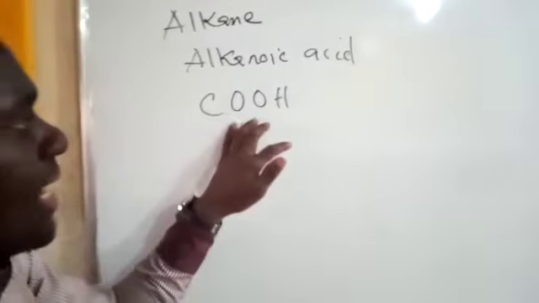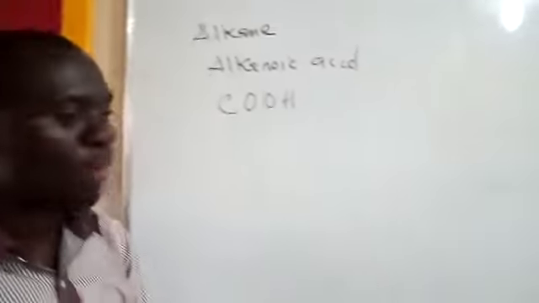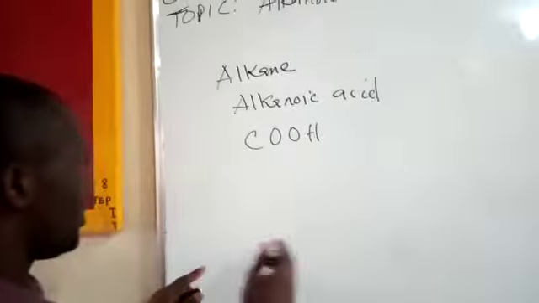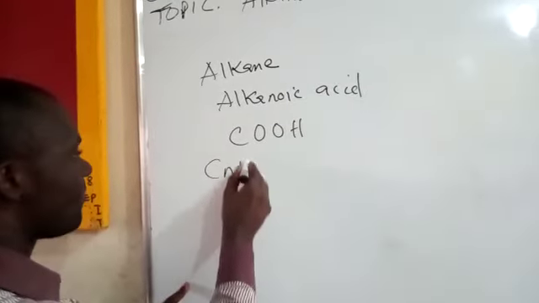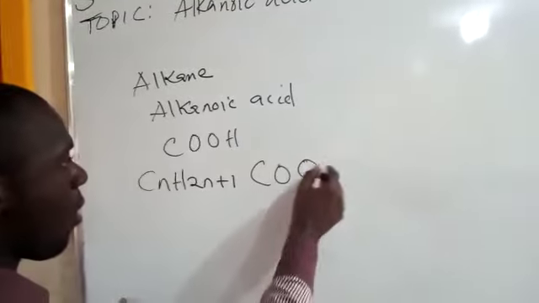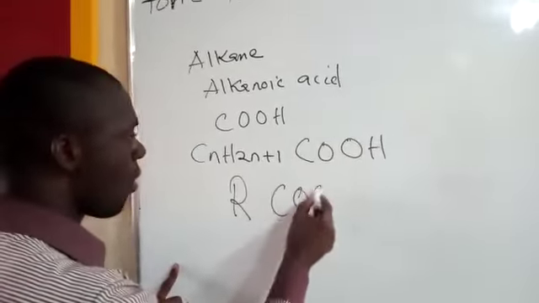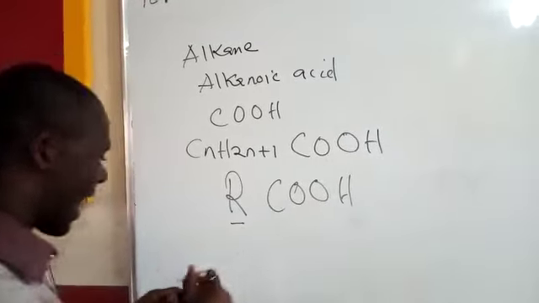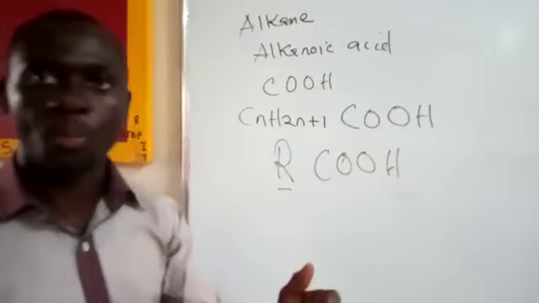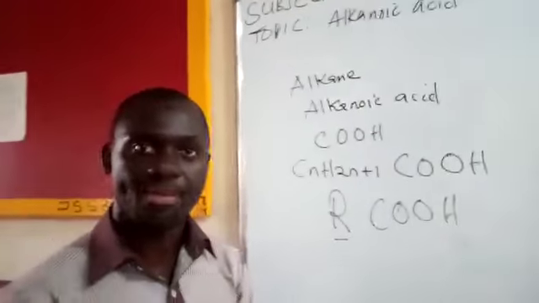So this is the functional group of carboxylic acid, while the general molecular formula of carboxylic acid is CnH2n+1COOH. It can also be written as RCOOH. The R here is an alkyl group. Remember that n here is the number of carbon atoms, okay?